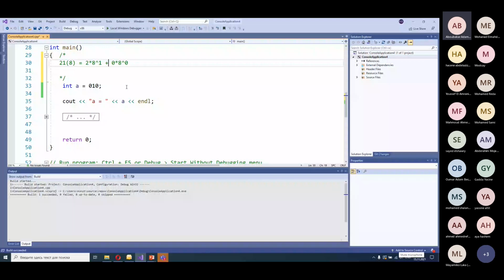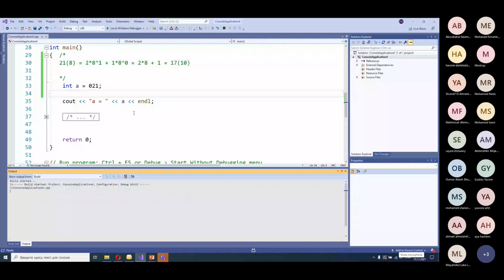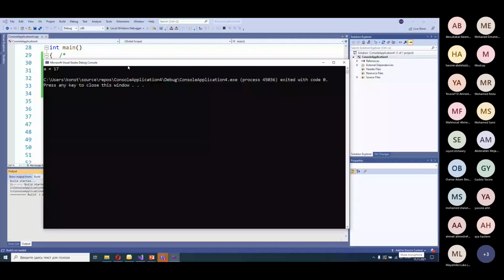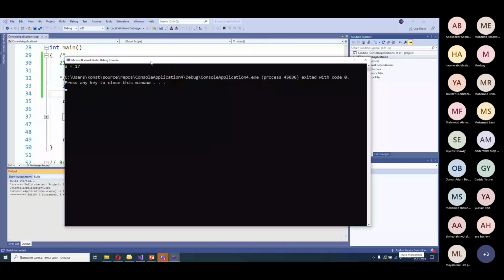It equals 2 times 8 plus 1, and it equals 17 in radix 10. Let's check. Yes, we see 17 on the screen.